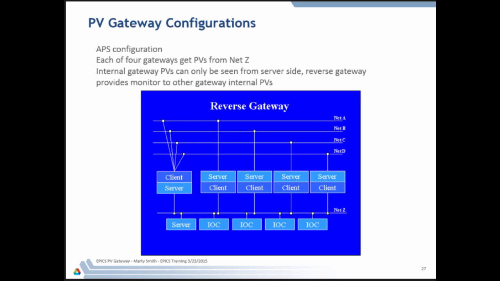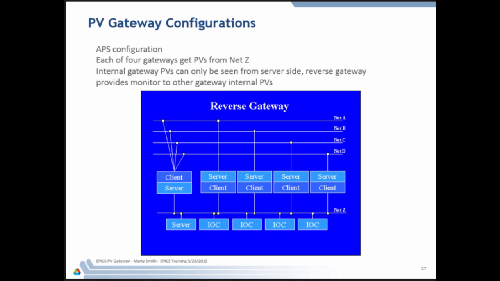Okay, so this is more of the configuration that I was talking about that we use here at APS. Here, net Z would be the accelerator network, and nets A, B, C, D might be four sectors from an LOM.